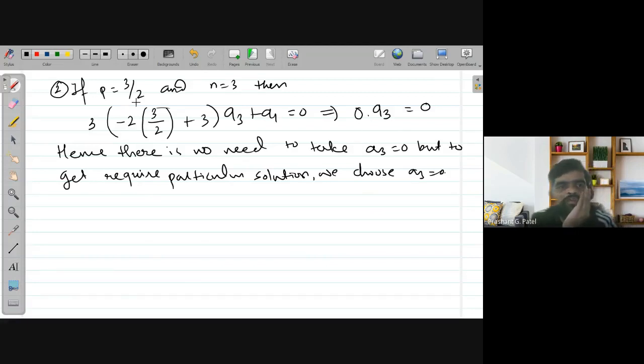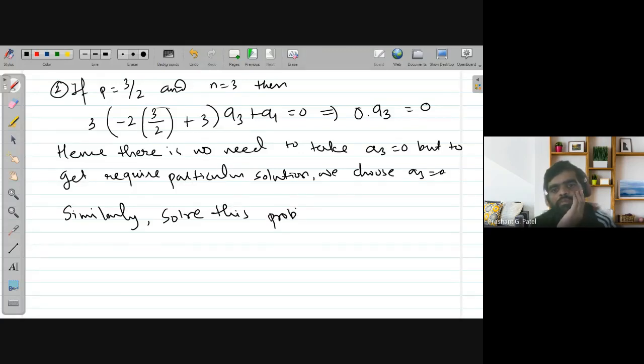And similarly for the next one, 5 by 2 and n equal to 5, the same situation will occur. So to solve this problem, every time we have the same situation, we choose a1 is 0, a3 is 0, a5 is 0, and so on.